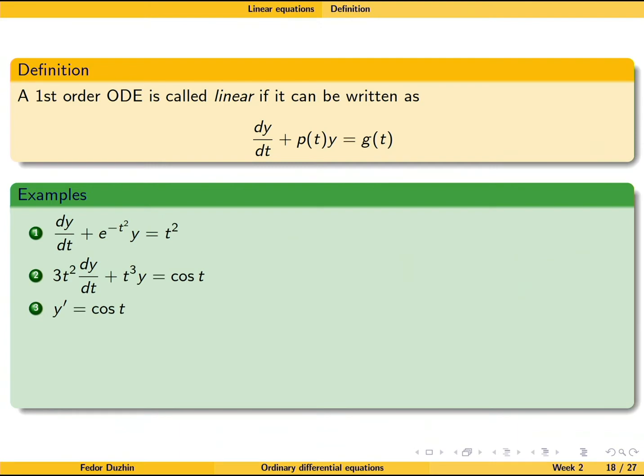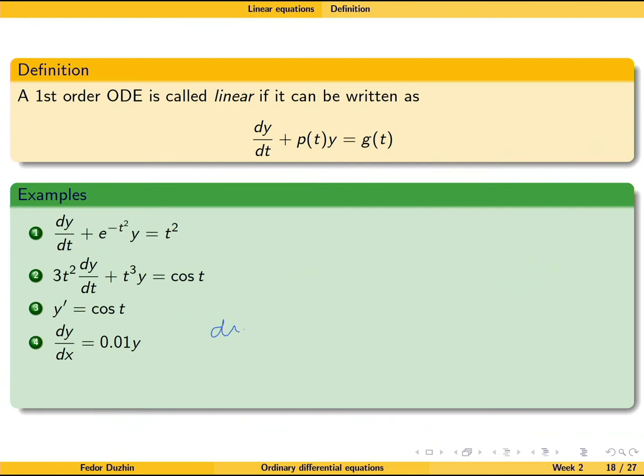Here is one more example, because we can rewrite it as y prime plus 0 times y equals cosine t. So now p of t is 0. Here, notice that now the independent variable is x.